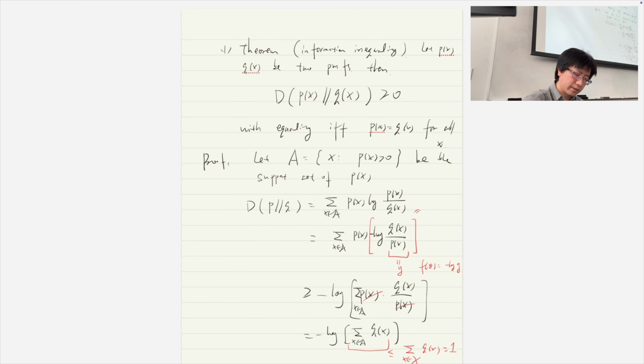Let's just write it here directly. So this guy basically is... maybe let's write one more step here. So then this guy would be bigger than or equal to minus log of the sum over x in X of q(x).